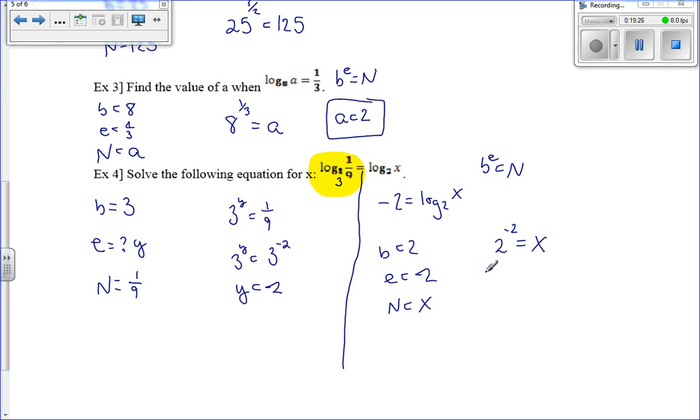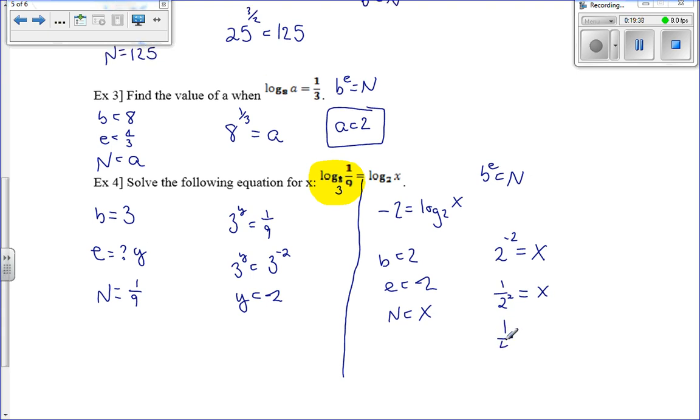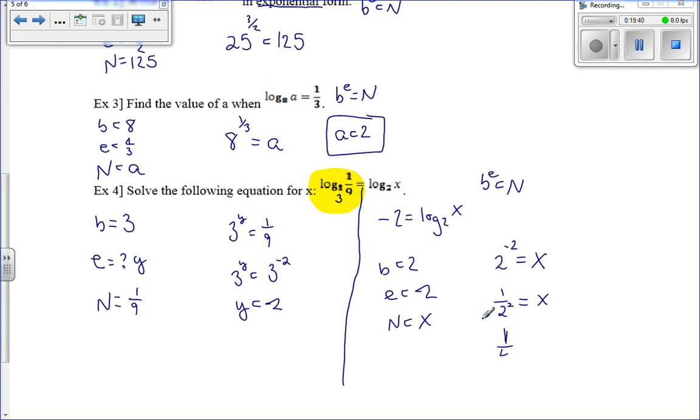Well, 2 to the -2 is 1 over 2 squared, so it's 1/4. So 1/4 equals x, and that's what we were looking for to begin with.